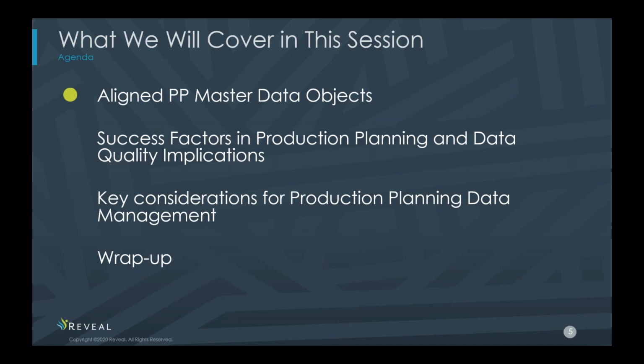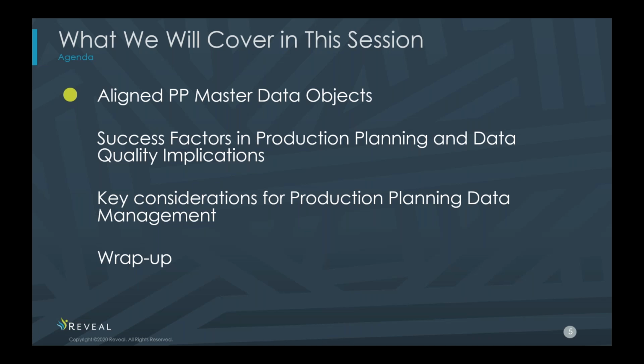As we go through this webinar, I'll bring to your attention some of the key considerations you need to be aware of as you try to align your PP master data to support the production planning and control process. I will have a few pointers for you as we go through this presentation, and we'll close with a quick wrap up towards the end of the webinar.